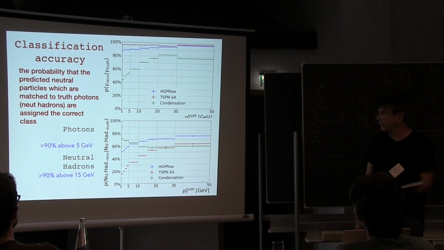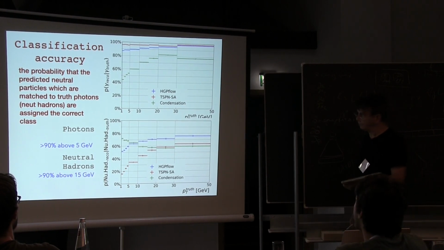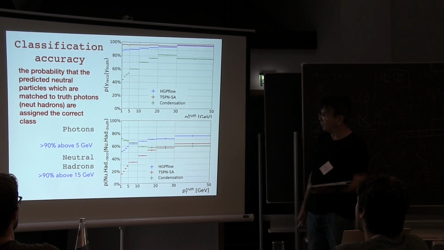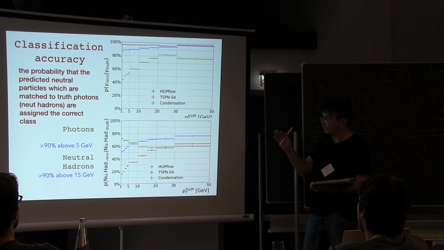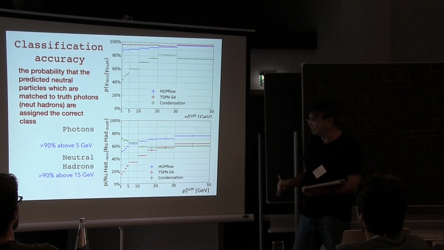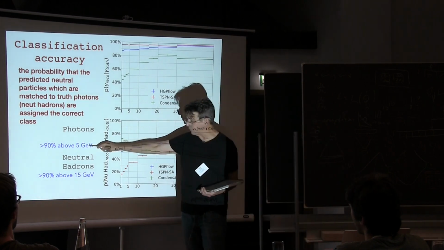Now, how will we classify the particles? So, what is the probability that the predicted neutral particles, which are matched to two photons, are really photons? How many particles that I match to photons are photons? More than 90% above 5 GeV.